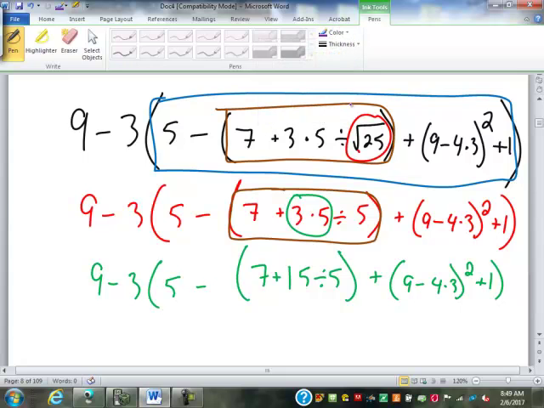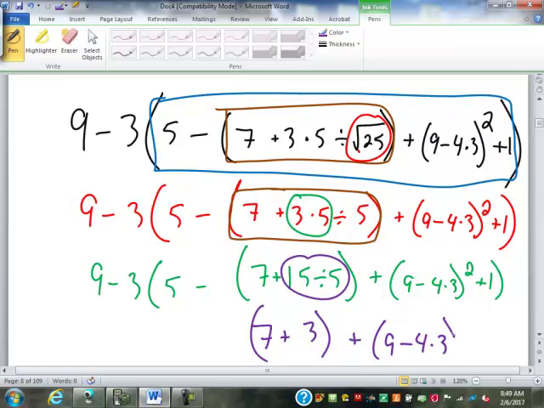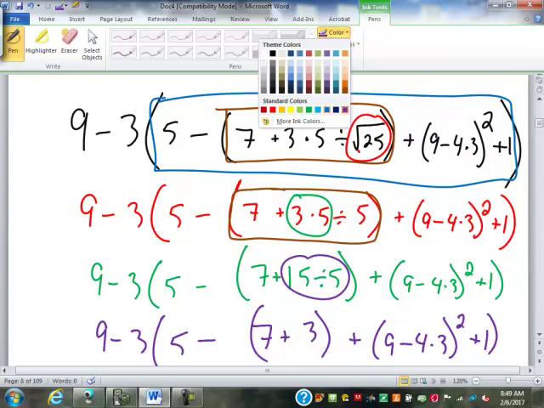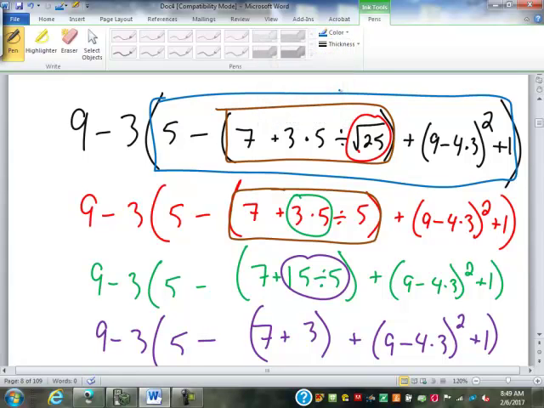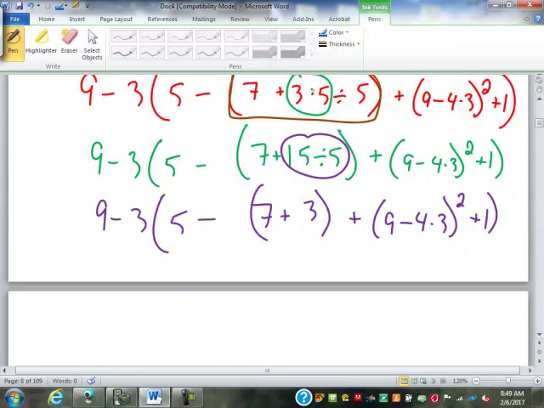What's next? 15 divided by 5, which is 3. And then the addition. 7 plus 3 is 10.